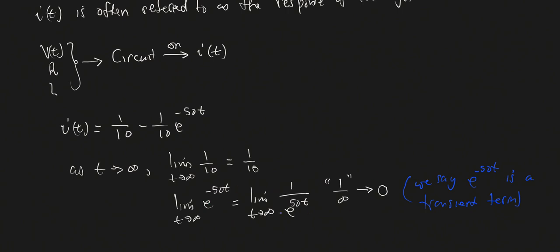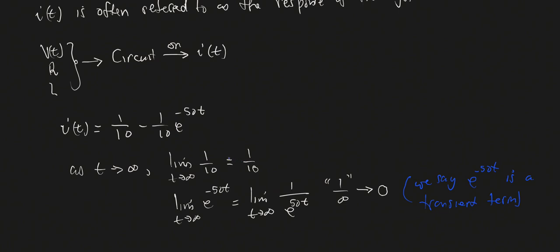Even though it's present, it does not have a significant impact on the overall response in the circuit. Whereas this 1/10 never goes away. It's a constant.